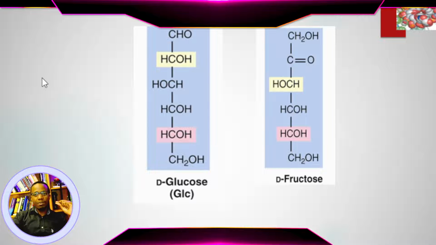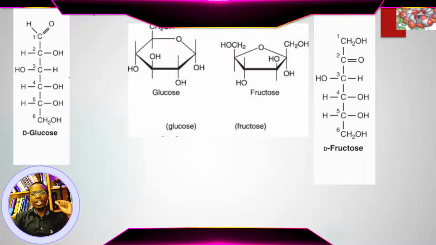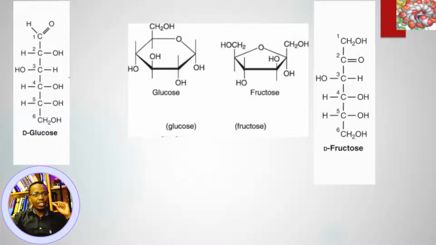And furthermore, we looked at how we make circular versions of these sugars, right? So glucose becomes this glucopyranose, and then fructose becomes this five-membered ring. So this is how it looks. And these, remember, we call monosaccharides, or just one sugar.